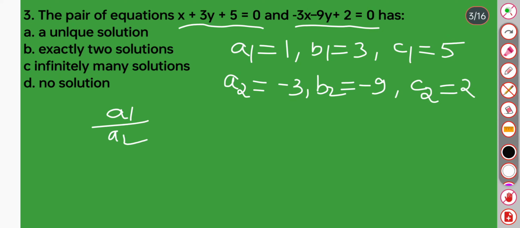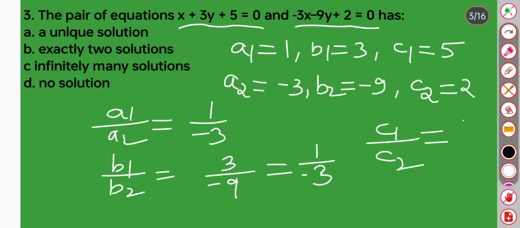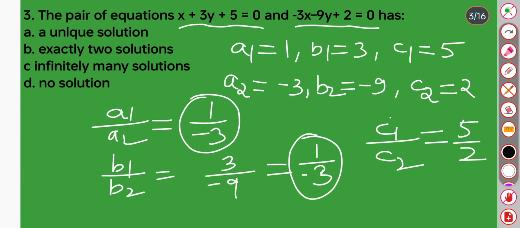Now compare a1 by a2: we get 1 by minus 3. Compare b1 by b2: we get 3 by minus 9, which cancels to 1 by 3. Compare c1 by c2: we get 5 by 2. That means a1 by a2 is equal to b1 by b2 but not equal to c1 by c2.